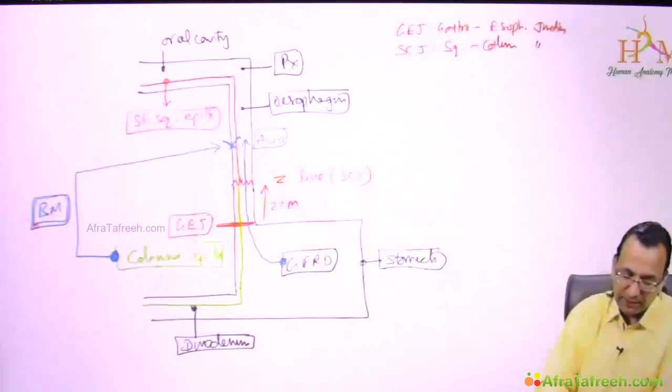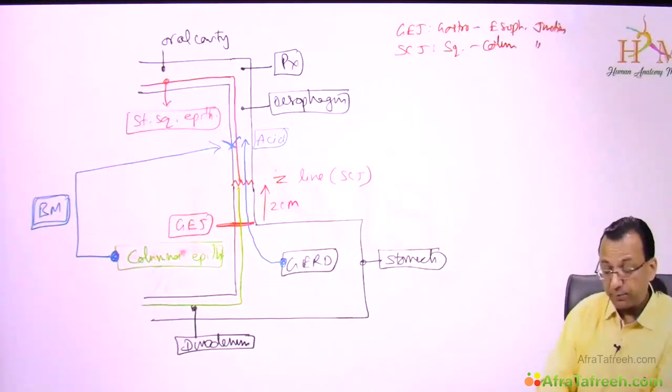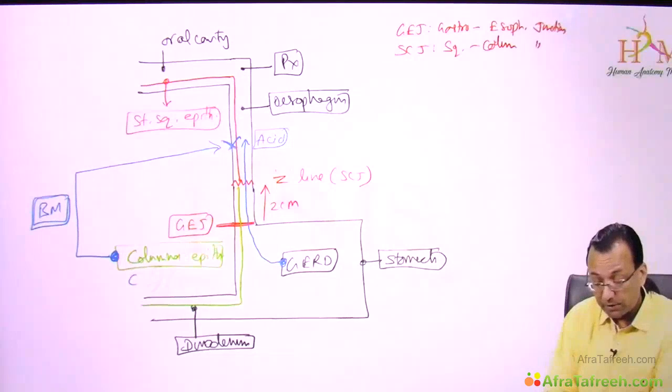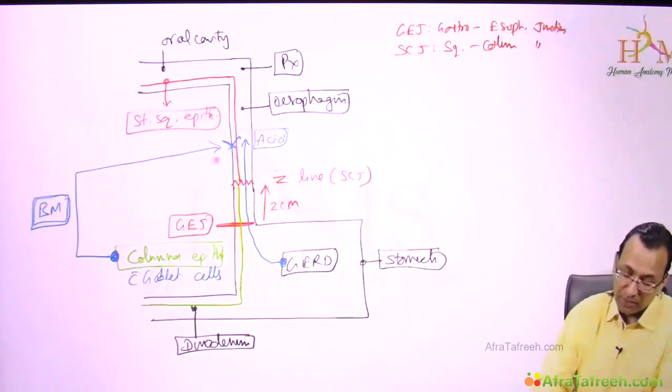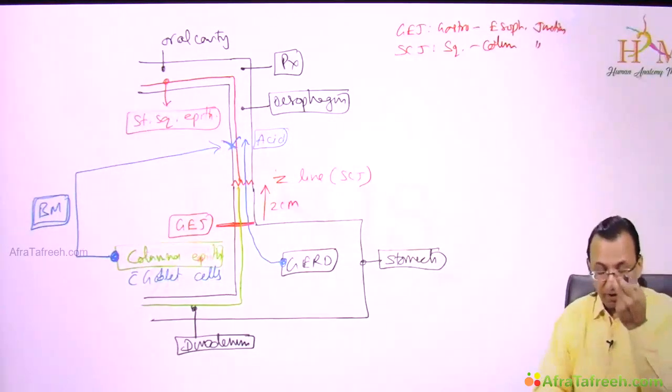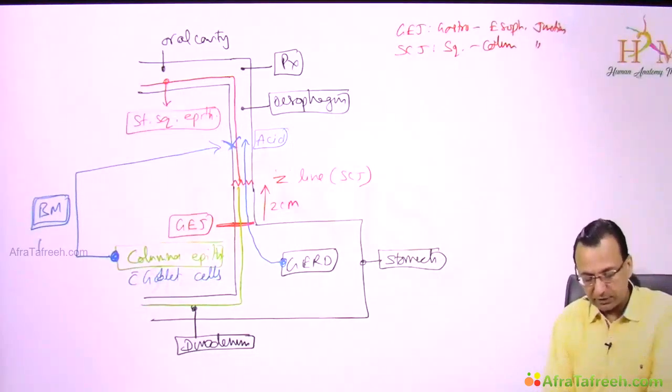In Barrett's metaplasia, when you take the biopsy, what you find is the squamous epithelium is replaced by columnar, and in the biopsy you also find goblet cells. Since you found columnar epithelium with goblet cells, you call it intestinal metaplasia.